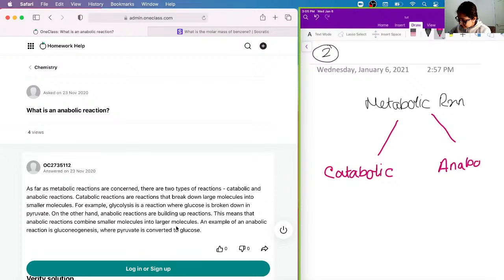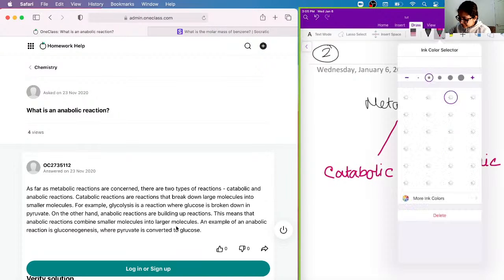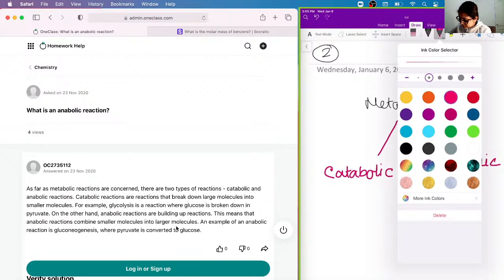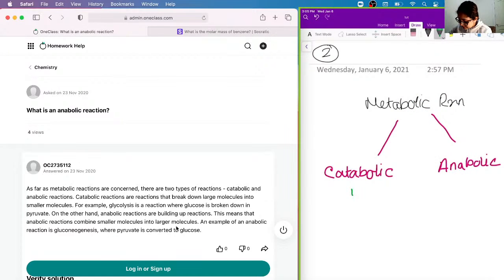They're analogous to each other. Catabolic reactions are reactions that break down large molecules into smaller molecules.